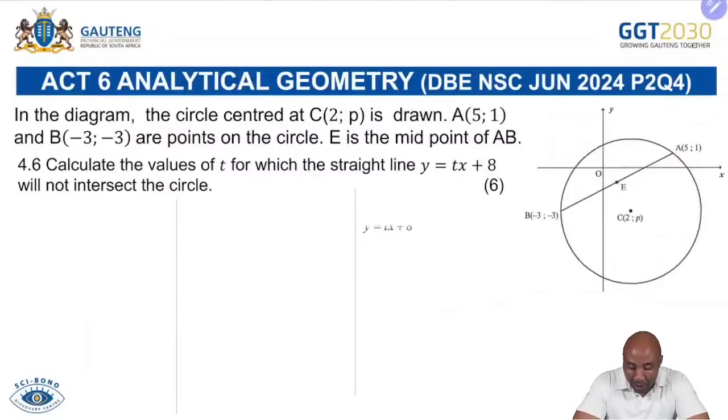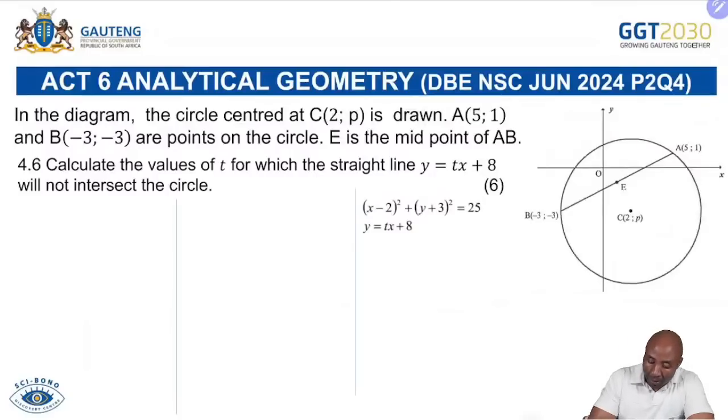Now we have the equation of our circle, which is given as such, and we have the equation of the line. So we are going to use the fact that we want to solve for x and y simultaneously, so this becomes our equation 1 and this becomes our equation 2.